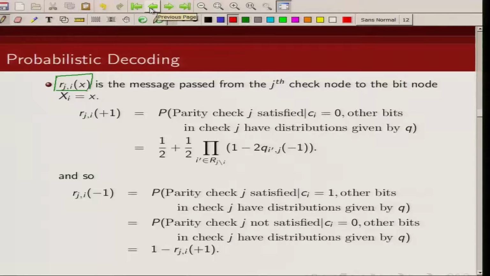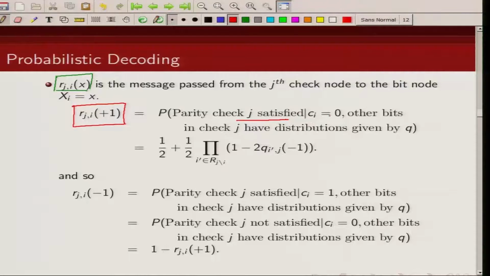Now, the probability of x being plus 1, which corresponds to Ci, the code bit, being 0, is defined as the probability that the jth parity check constraint is satisfied given that Ci, the ith bit, is 0 and other bits are given by the distribution given by Qi.